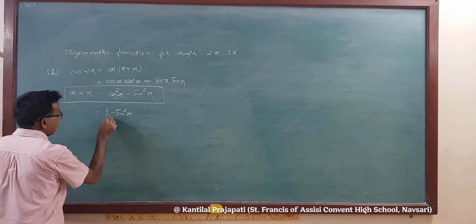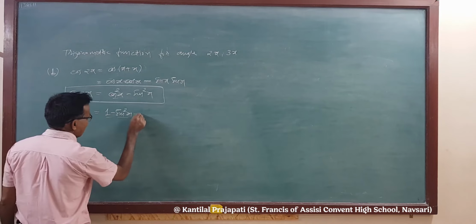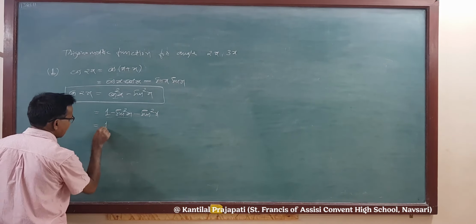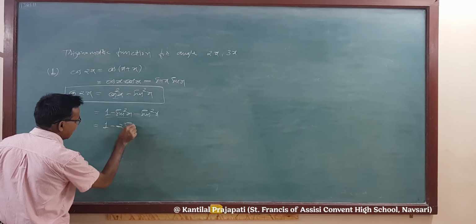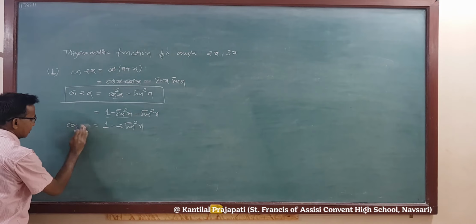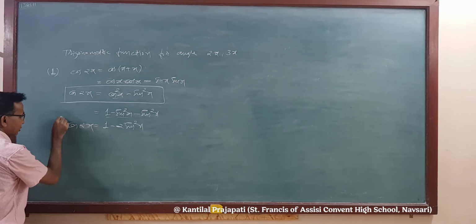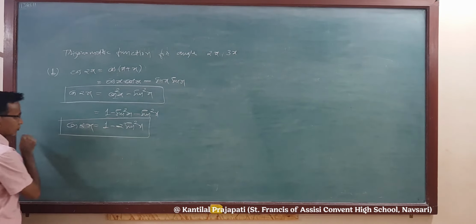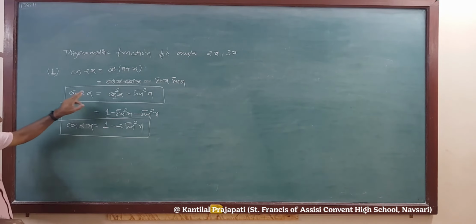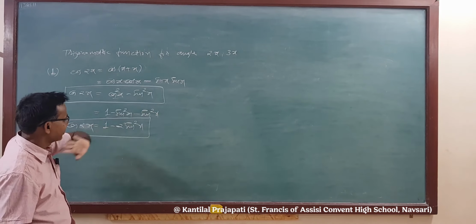We write 1 minus sin square x minus sin square x, and therefore you get 1 minus 2 sin square x. This is another formula of cos 2x in terms of sin only. Cos 2x is also written as cos square x minus sin square x.